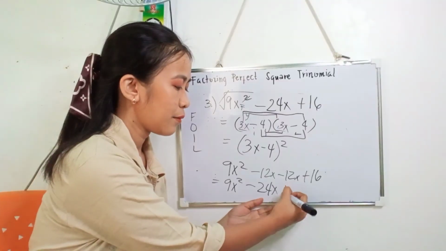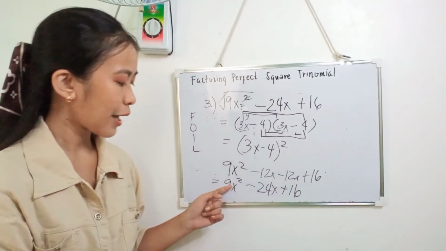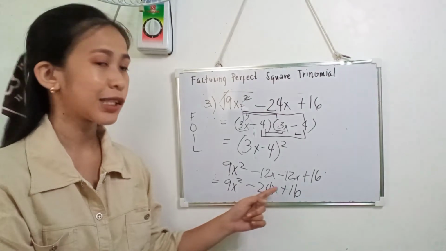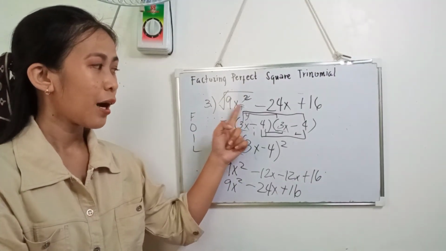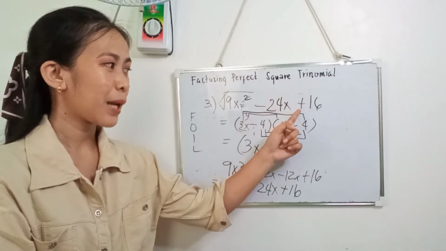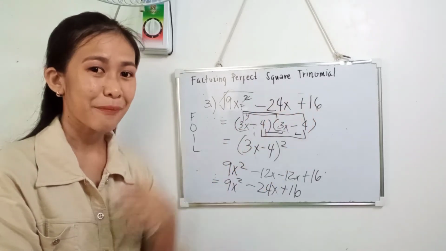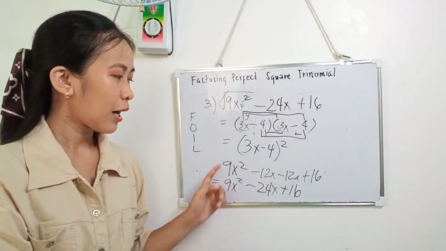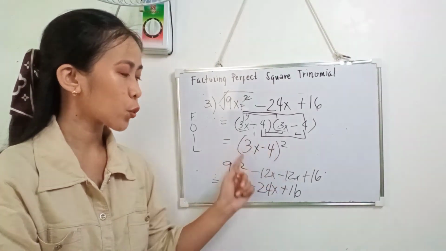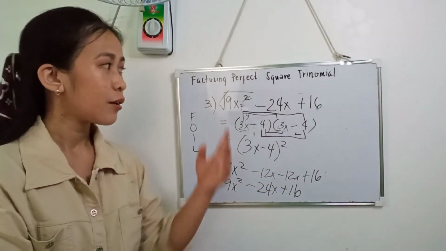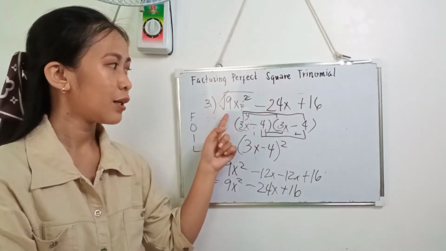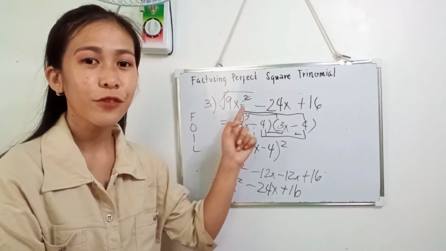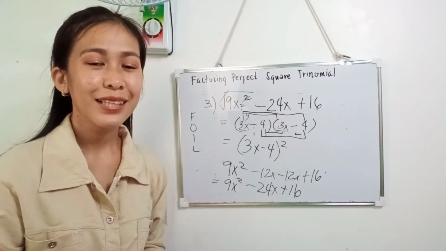Ayan, we have plus 16. 9x squared minus 24x plus 16 is the same with 9x squared minus 24x plus 16. Tama? Therefore, 3x minus 4 squared is the correct factored form of the perfect square trinomial 9x squared minus 24x plus 16. As simple as that.